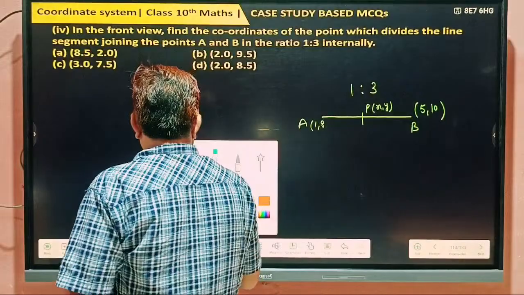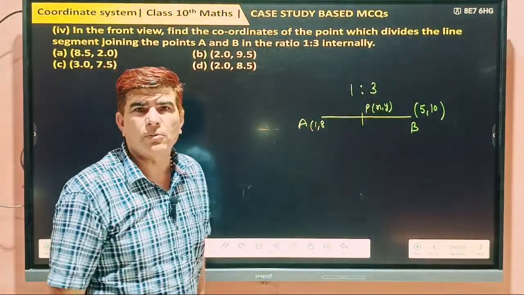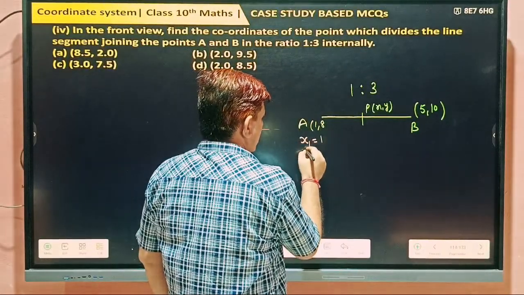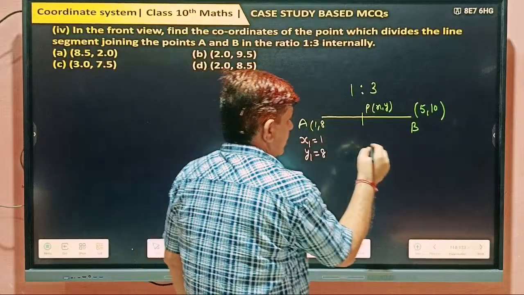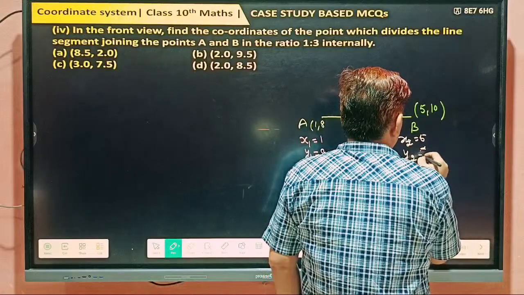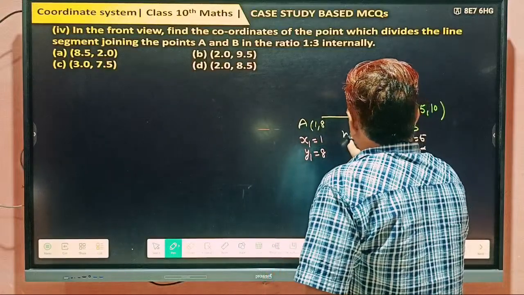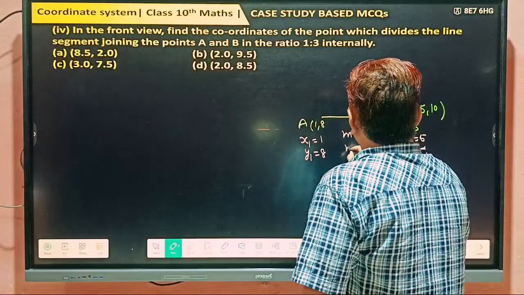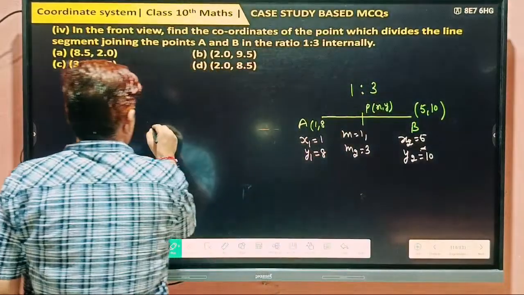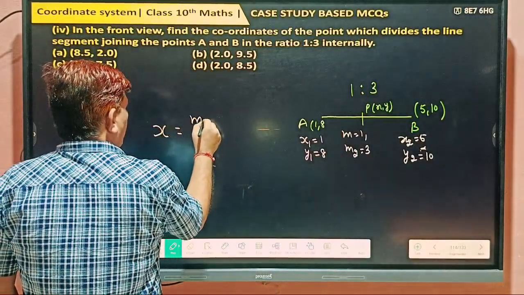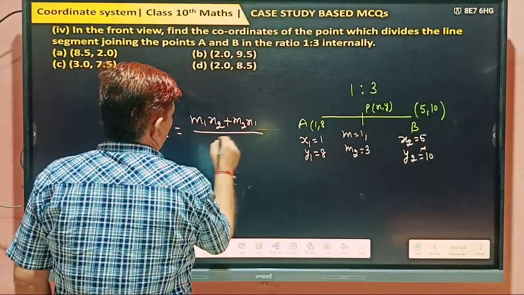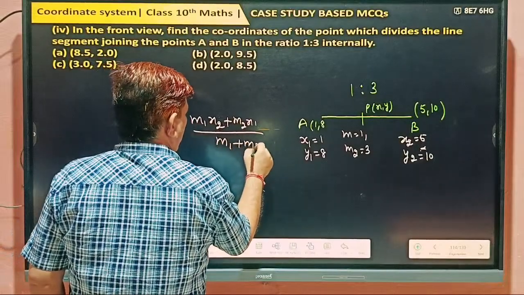Understood? So we find it by which formula? The section formula. So we can say x1 equals 1, y1 equals 8, x2 equals 5, y2 equals 10, m1 equals 1, m2 equals 3. The formula is x equals (m1 x2 plus m2 x1) divided by (m1 plus m2).